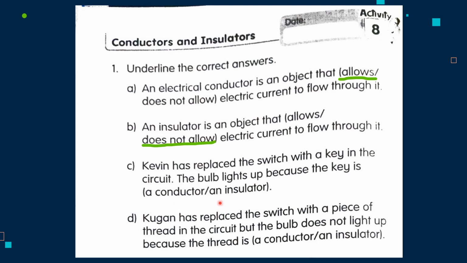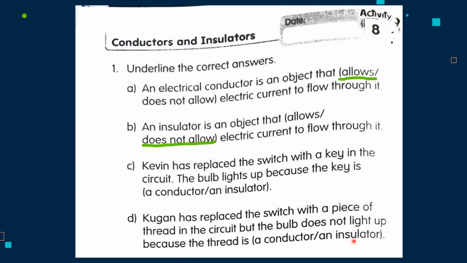You choose the correct answer. And then D, Kogan has replaced the switch with a piece of thread in the circuit, but the bulb does not light up because the thread is a conductor or an insulator. So you choose the correct answer.